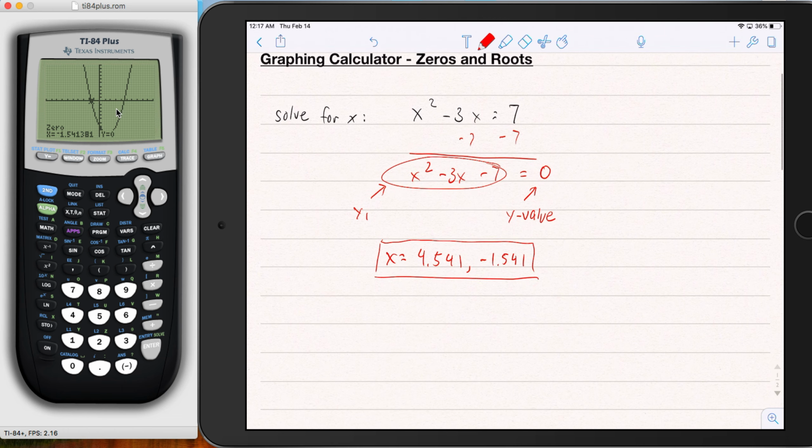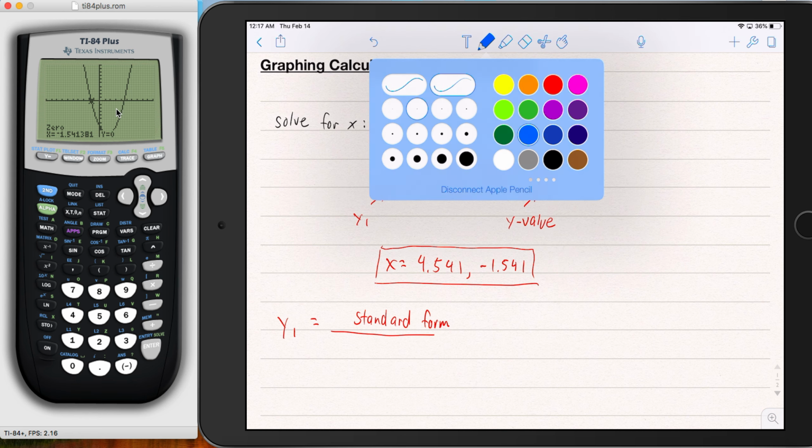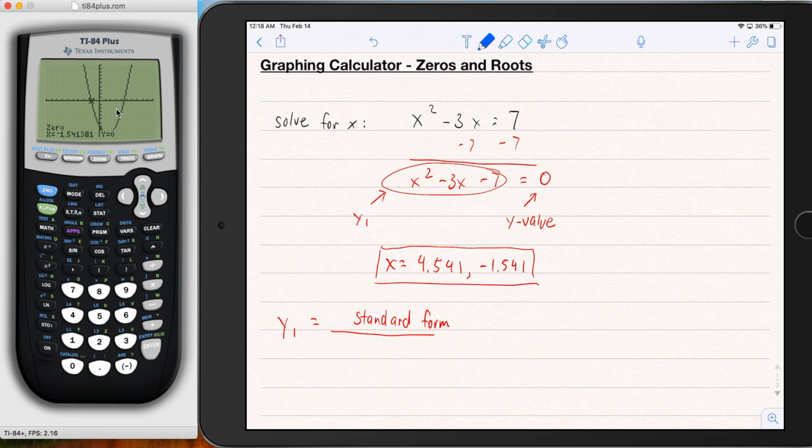So once again, to do that, you plug in your equation y1 and make sure it's in standard form. Remember how we subtracted 7 from both sides to make sure it's in standard form. So that's step 1.